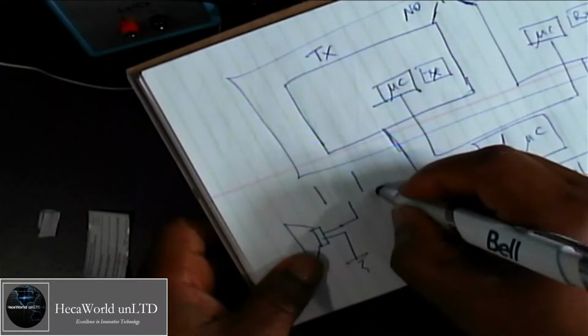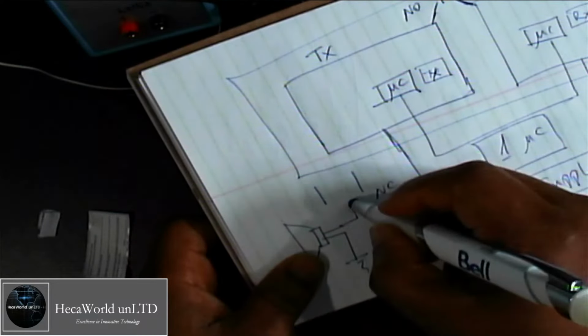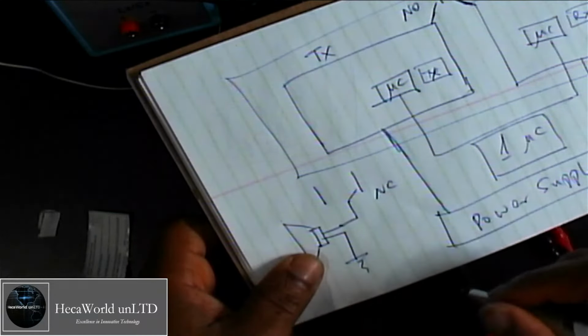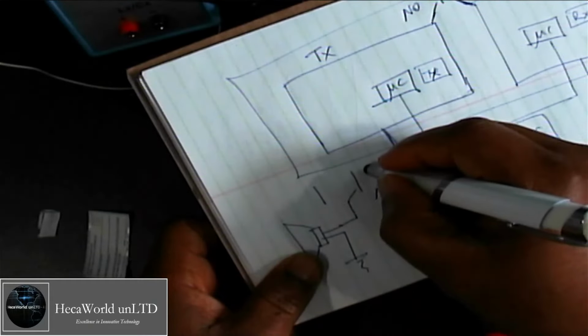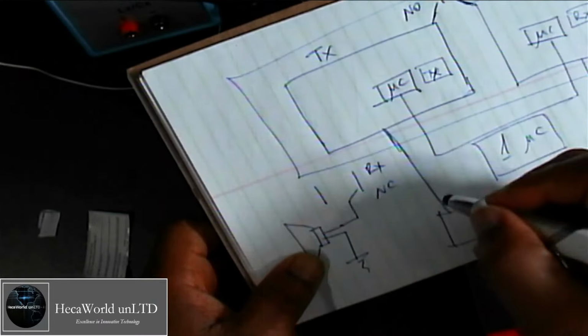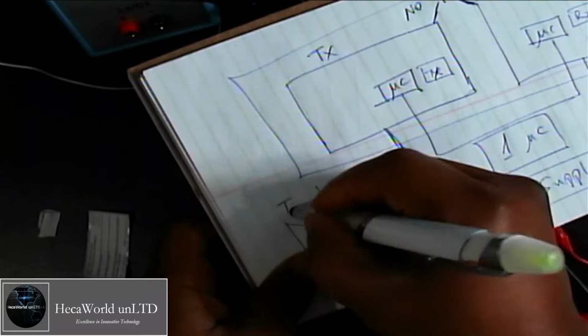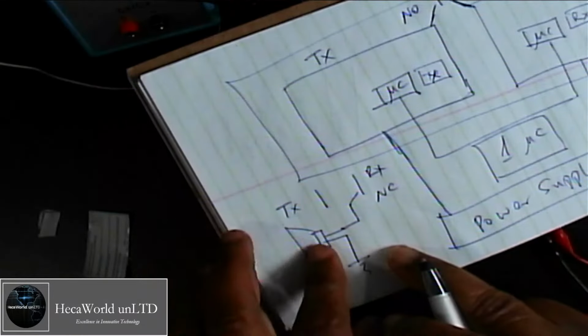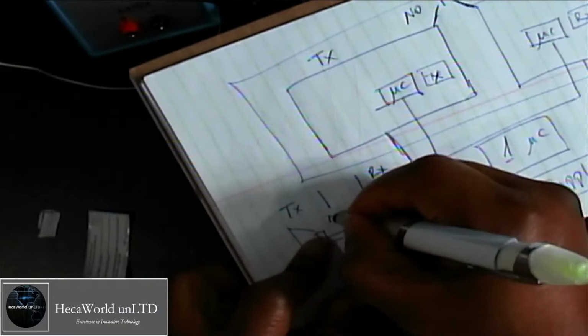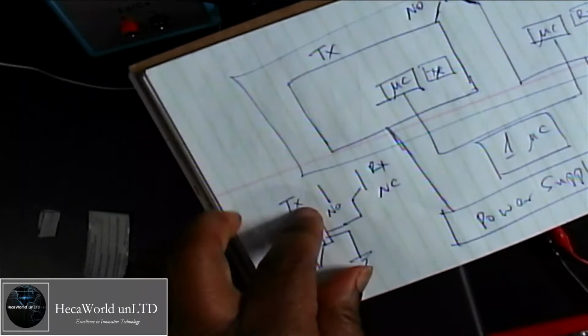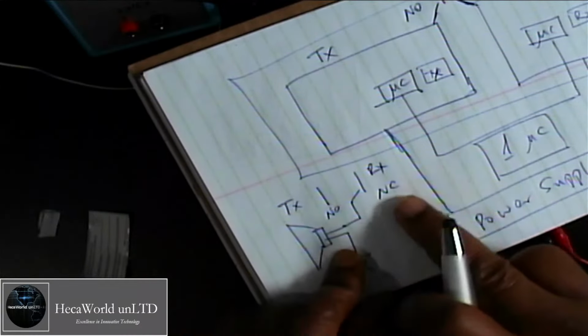So you make one of them normally closed, and then one of them normally open, right? Normally closed is when you're receiving, and for when you want to transmit, then you close it so you can transmit. So this side will be normally open. So transmit is normally open, the receive is normally closed.